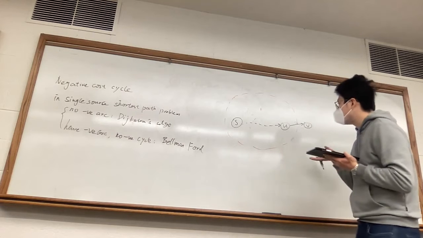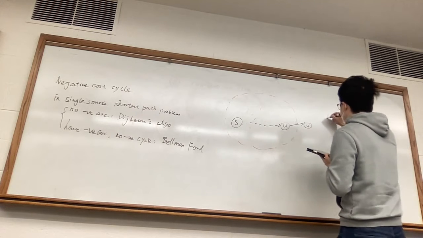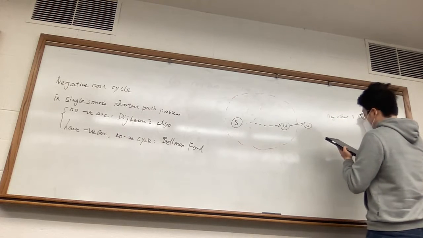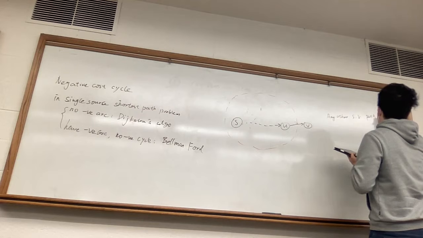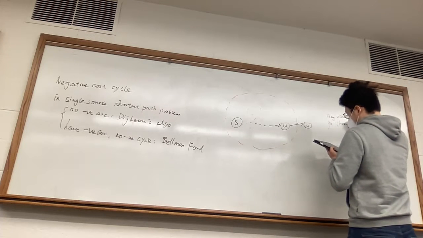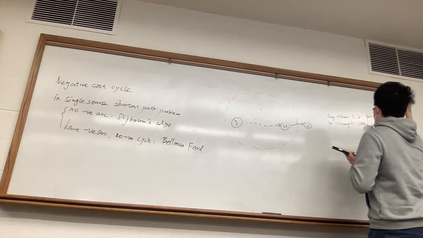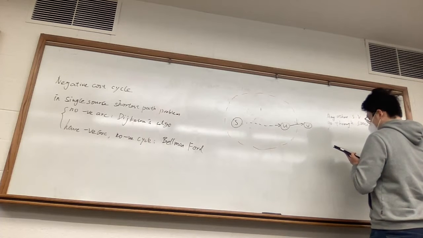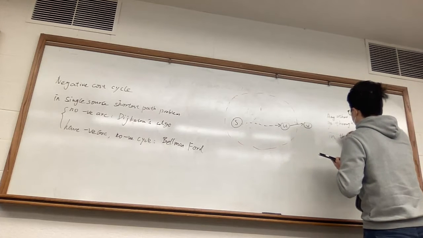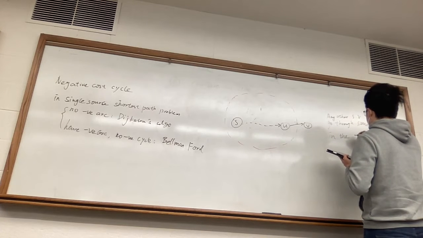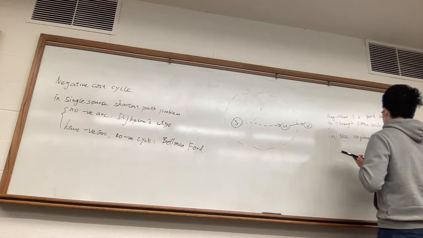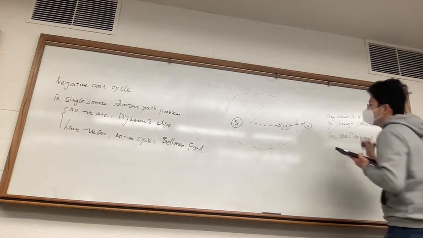For any other SV paths, okay, so let me write. Any other SV path must go through some node B not in the explored set.